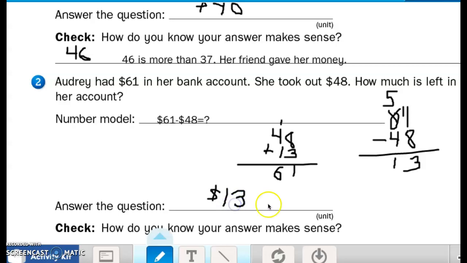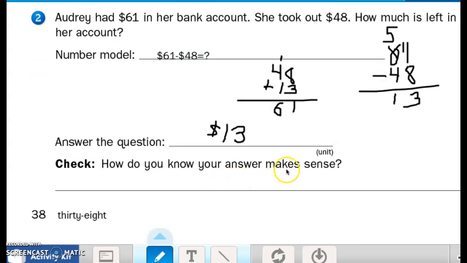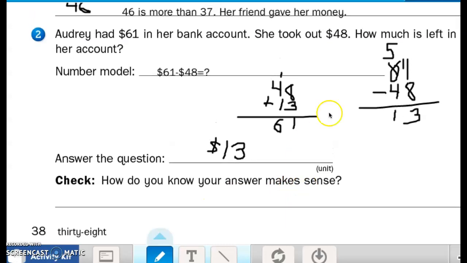Now you could write dollars over here, but we're just putting the dollar sign so we don't have to write it. Now, how do we know that our answer makes sense? Our answer makes sense because it is less than 61. If she took out money from 61, then it would be less than 61. And $13 is less, oh, I'm going to type it out because this is really crazy to try to do, so I'm going to type it. Hold on.